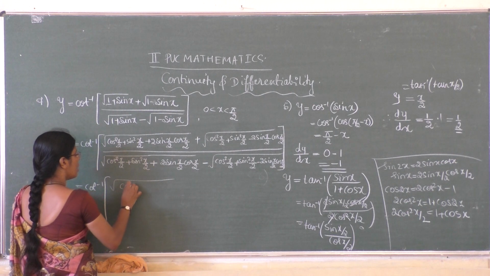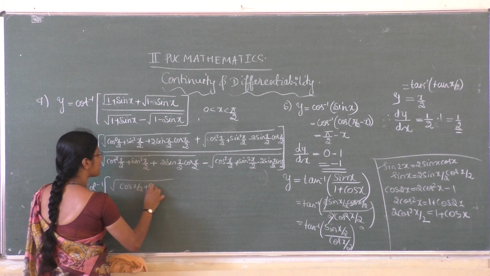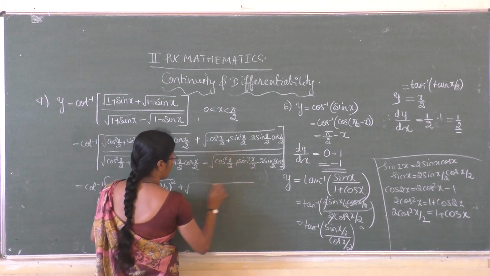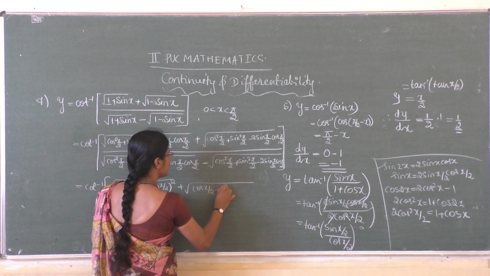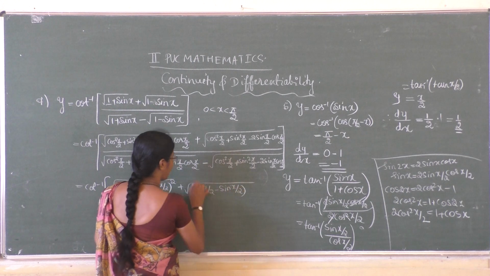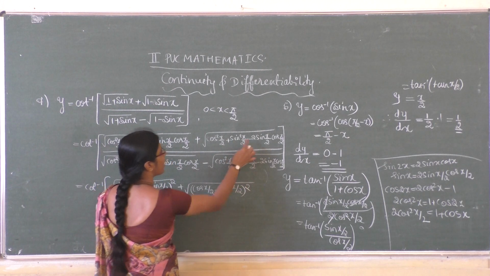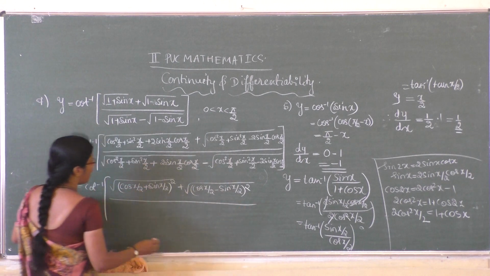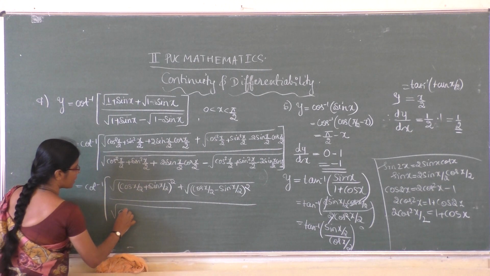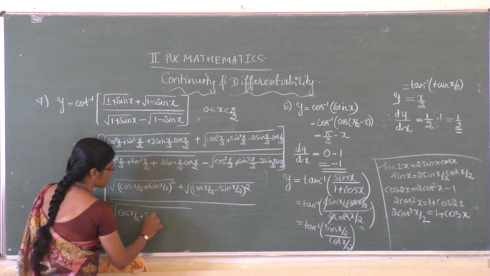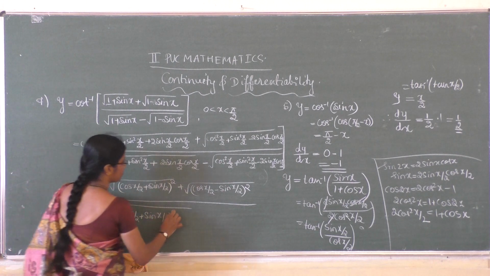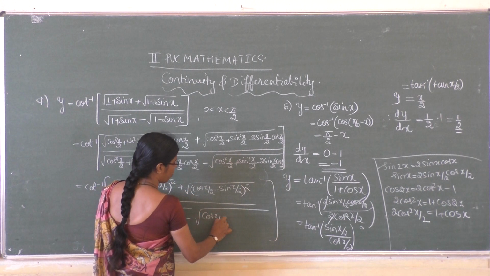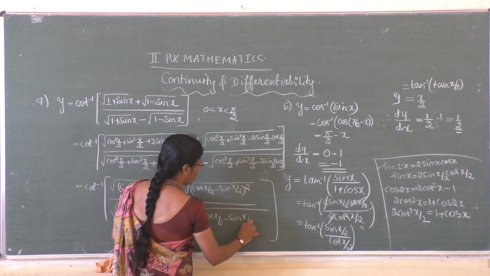So this becomes cos x by 2 plus sin x by 2 whole square, plus cos x by 2 minus sin x by 2 whole square, because a square plus b square minus 2ab is a minus b whole square, divided by cos x by 2 plus sin x by 2 whole square minus square root of cos x by 2 minus sin x by 2 whole square.